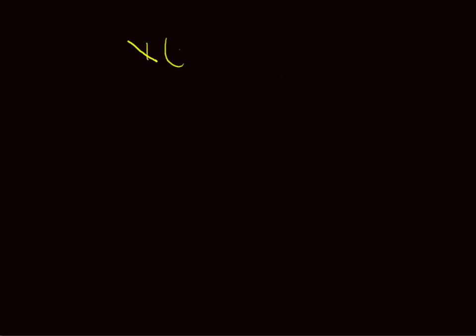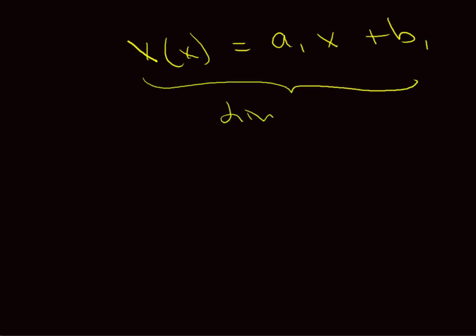The solutions from this function, X of x, are equal to a1x plus b1. You'll notice that we have a linear function here, and a and b are integration constants.